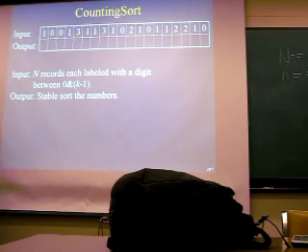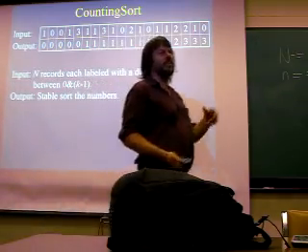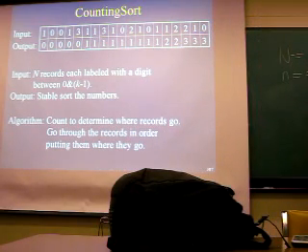So that's the input, and the output is them sorted. But of course we want a stable sort. Remember what a stable sort is? This 0, it's not just a 0. It's a 0 carrying along with it a lot of data.